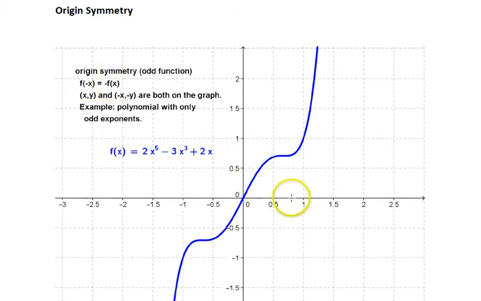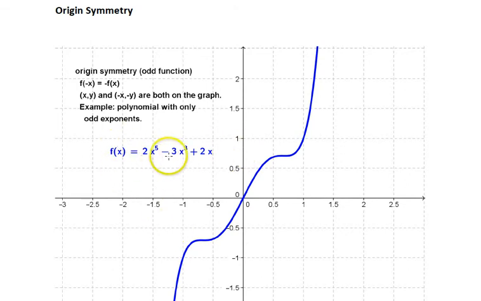So we have x and f of x here. If we go over to the other side of the origin to where the negative x is, then it'll be the negative, which will flip it down here. And in terms of ordered pairs, if you have an ordered pair x, y, then negative x, negative y is down here.